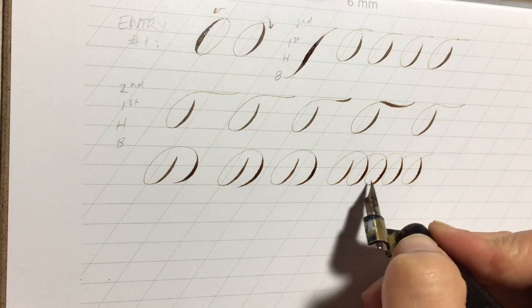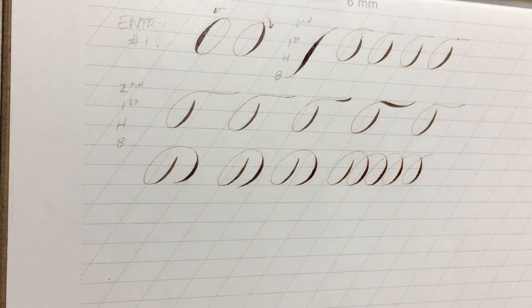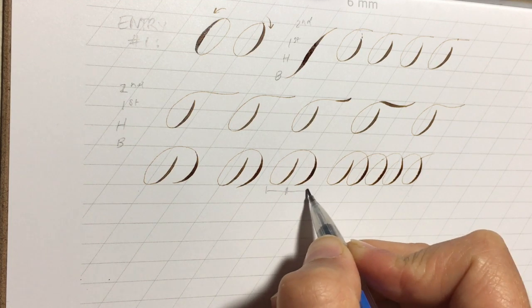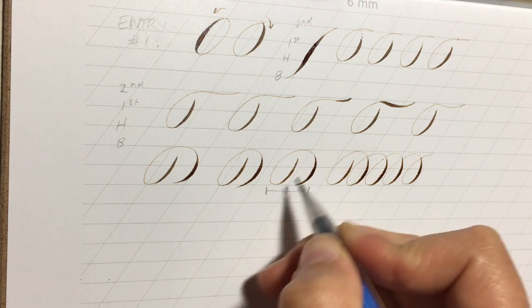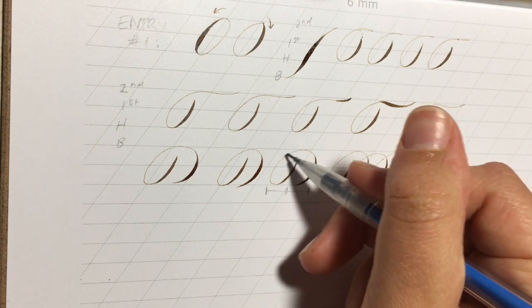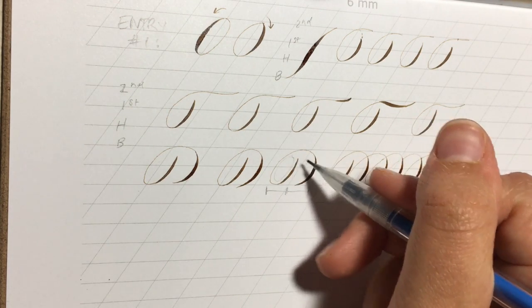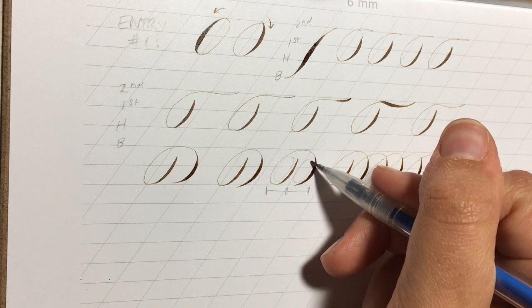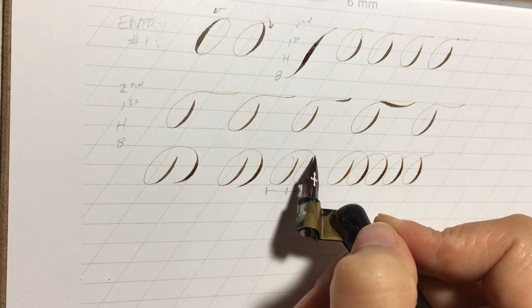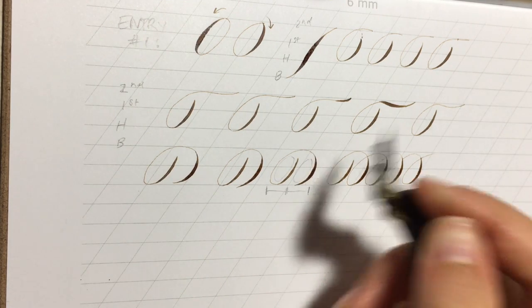So trying to keep the spacing from here to here and from here to here to be the same, and these should both be oval shapes in here. Okay, so I call this part a clockwise curved shade.